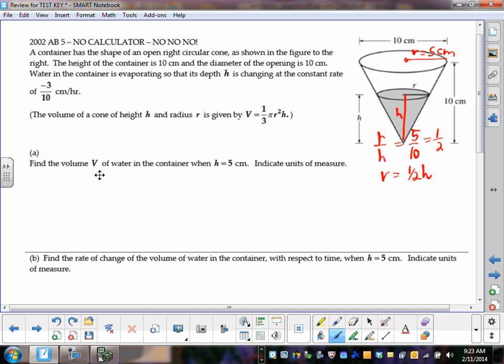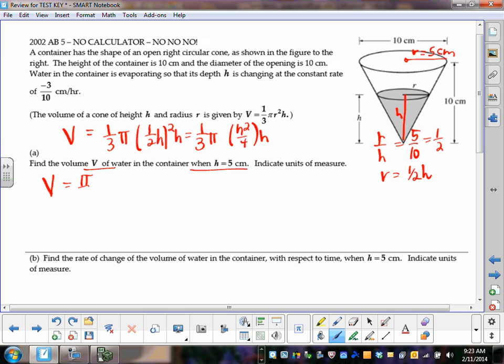It says find the volume V of water in the container when the height is 5 centimeters. So since we're only dealing with height and volume, we want to get rid of R. So I'm going to change my volume function and get rid of the R. So 1/3 pi H squared over 4 times H. So my volume formula that I'm going to use is pi over 12 h cubed.